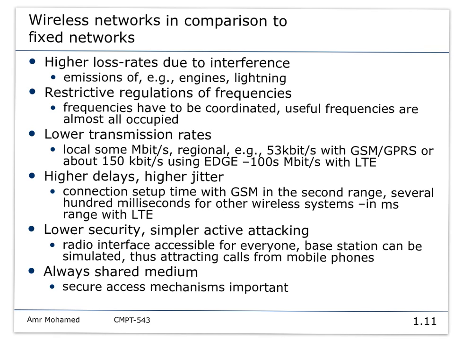For example, microwave ovens at home work in the same frequency range, believe it or not, that Wi-Fi operates in. So a microwave can actually interfere with the Wi-Fi, depending on the channel that you use.